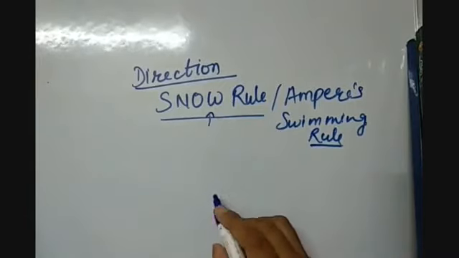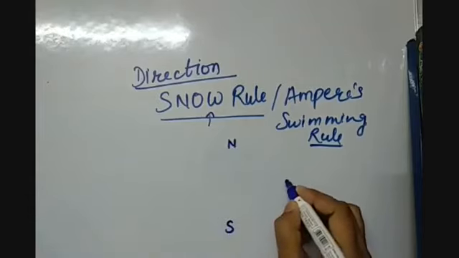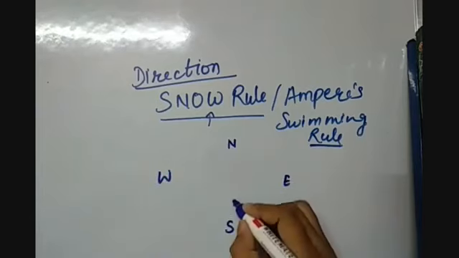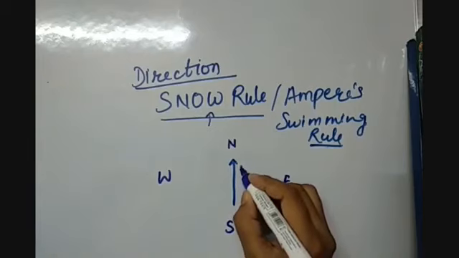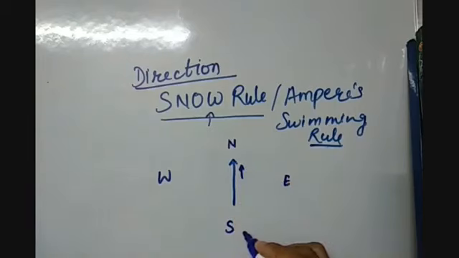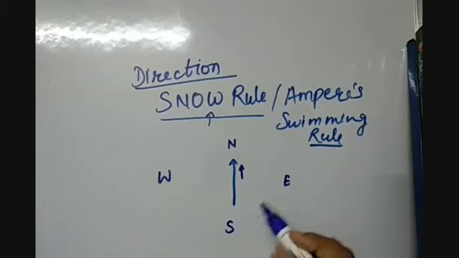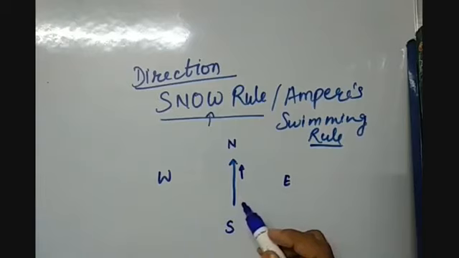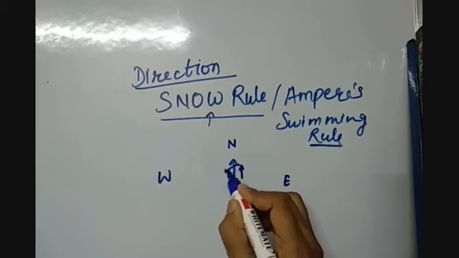This rule says that, as we have the directions north, south, east and west, whenever the current is flowing from south to north and the conductor is placed over the magnetic compass, so the direction of the current is south to north and the compass is placed under the wire, then the magnetic needle will deflect towards west.